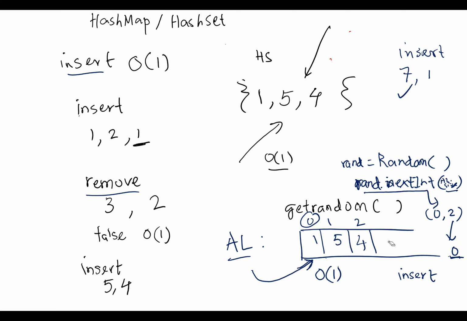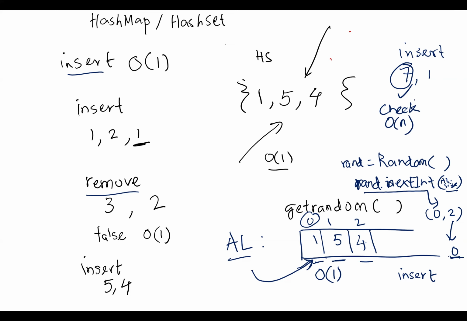It's not fine because before adding 7, I have to actually check if 7 is already there, right? So that means I have to do this check, and this checking itself will take order of n time. So insertion is not being done in order of one time because I cannot insert a value that is already there, right? Okay, so insertion is not working.